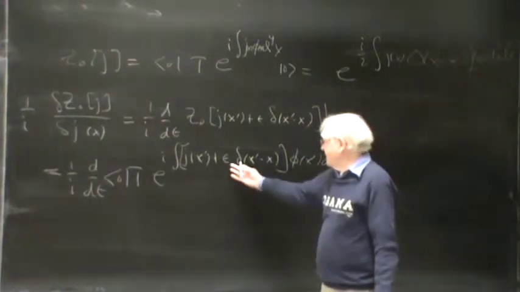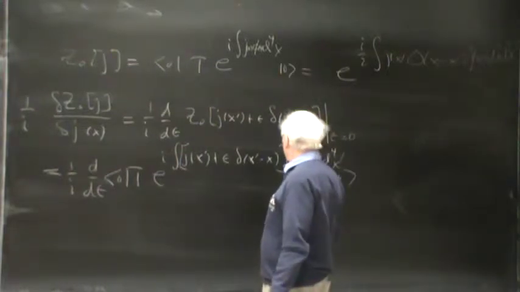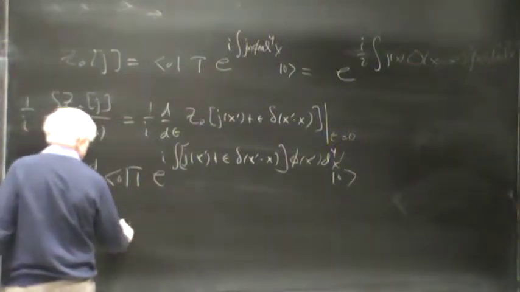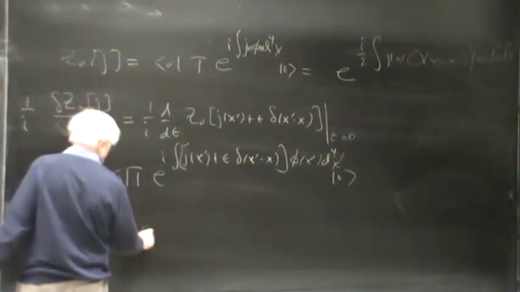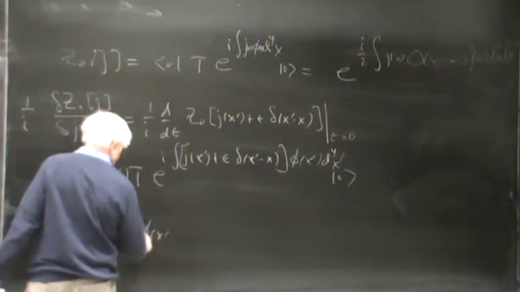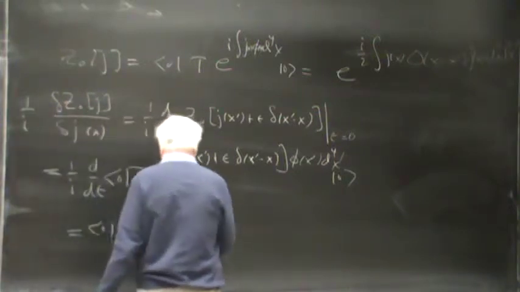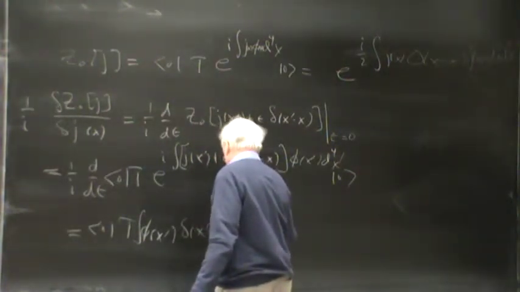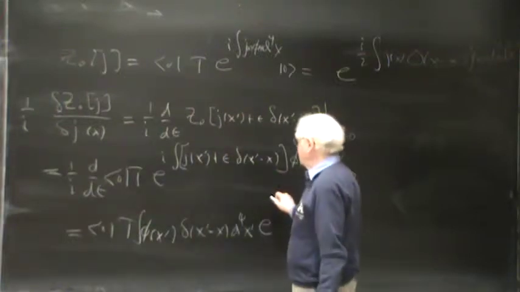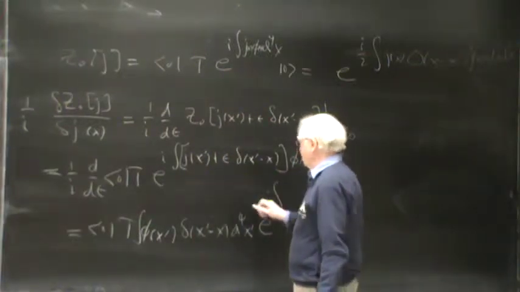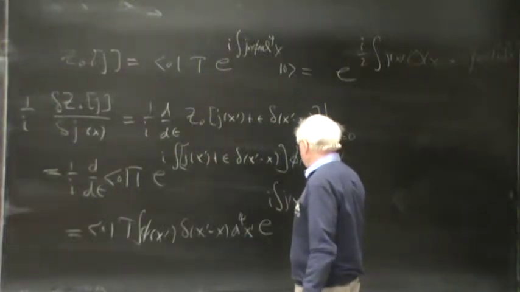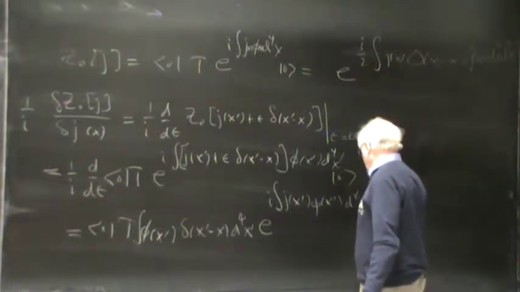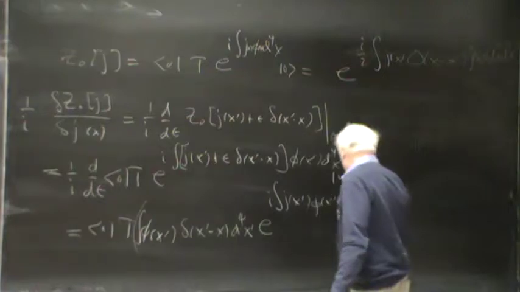Now we take d by d epsilon of that, and that brings down an i, the i's cancel, and all we have left is the integral of phi of x prime delta of x prime minus x d4 x prime, and then e to the i integral, with epsilon set equal to 0, of j of x prime phi of x prime d4 x prime, in the vacuum time ordering.